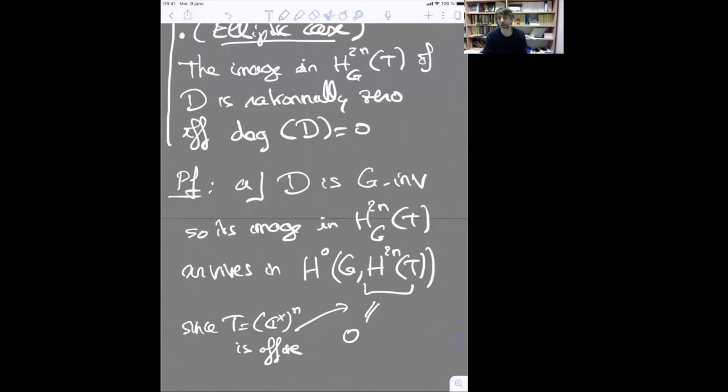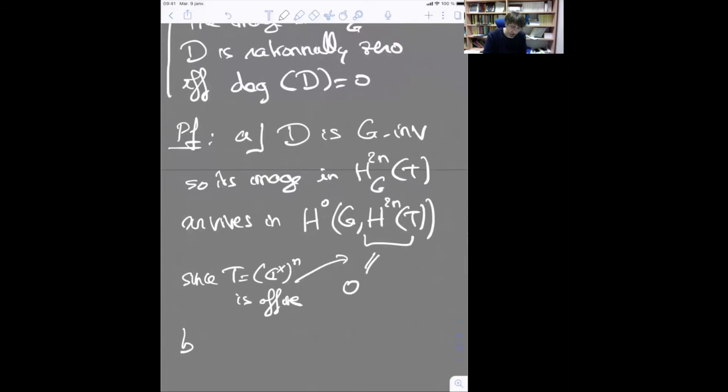So in that case, the class is 0 for some trivial reason, which is very close to what happened in the affine situation, in the C^n situation.